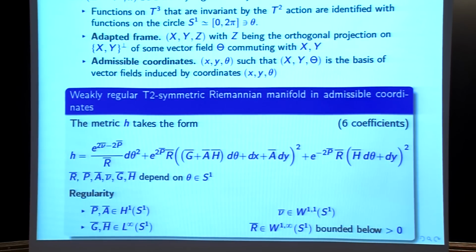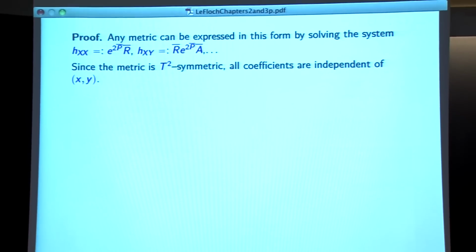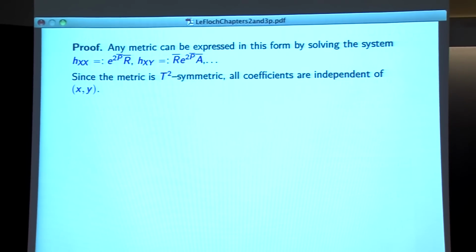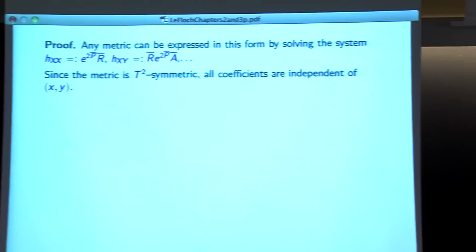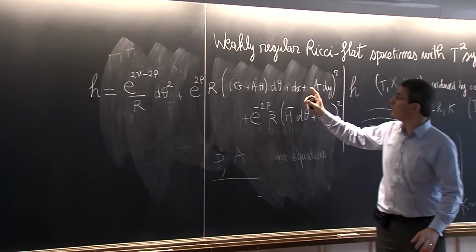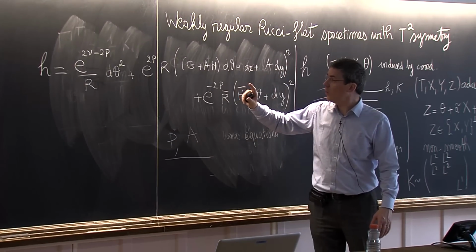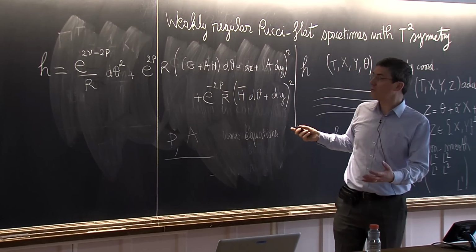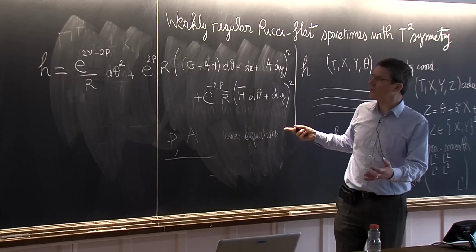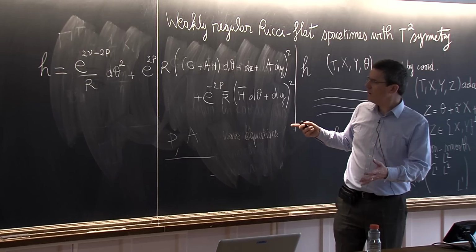Now, maybe before I proceed, I just want to show you the first line in the next screen. So any metric can be expressed in this form. What I've done here, I've not made any assumption. I take a metric which has a T2 symmetry, so my coefficients are going to be independent of x and y. They only depend on theta, in S1.